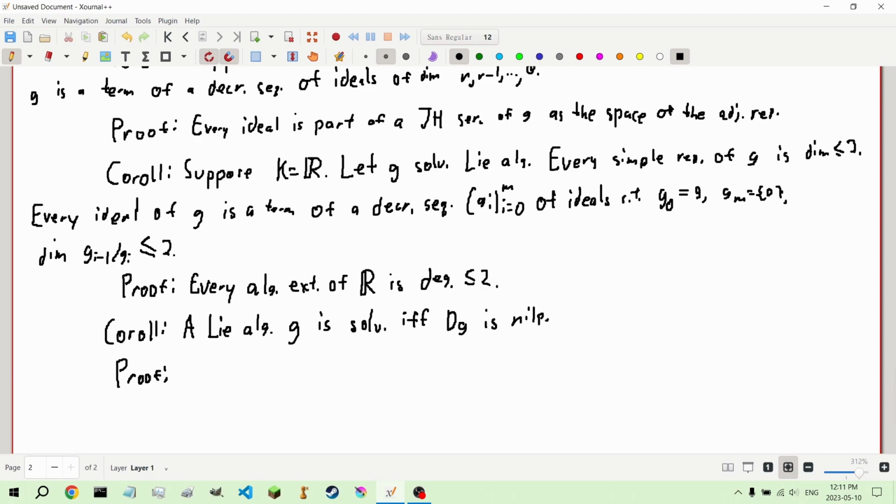We've already done the necessary part, which is our first corollary, which said that the nilpotent radical of a solvable Lie algebra is its derived algebra. And our proof essentially then is sufficient because G over its derived series is commutative.